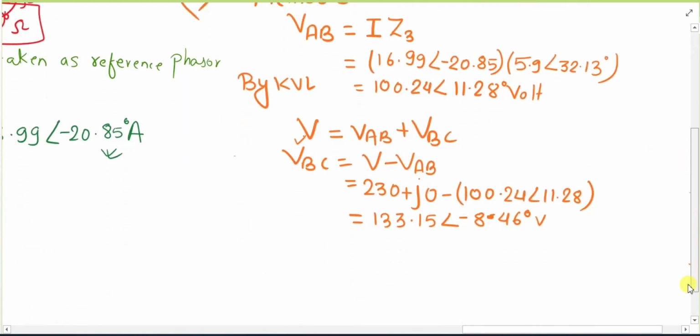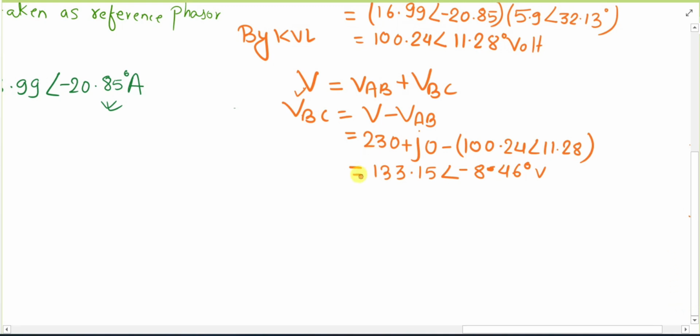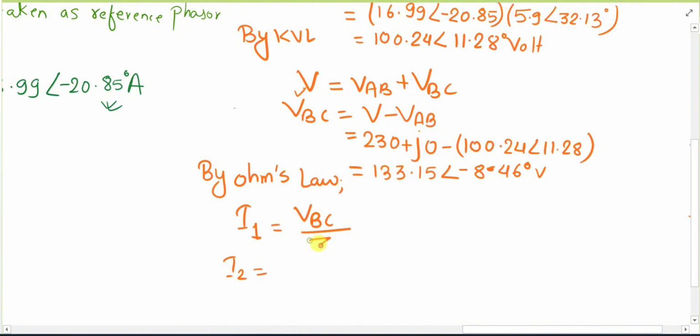Now by Ohm's law, we'll find I1 and I2 only, as we have two branches. I1 equals VBC upon Z1, and I2 equals VBC upon Z2, because both of them are in parallel. Now let's substitute their values, where this one is our VBC.